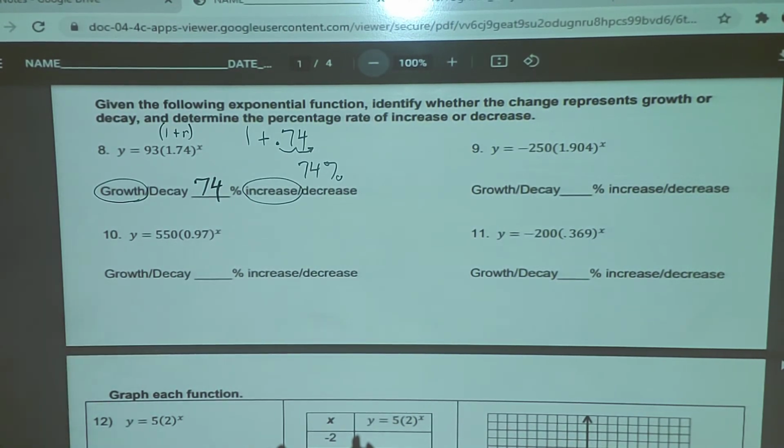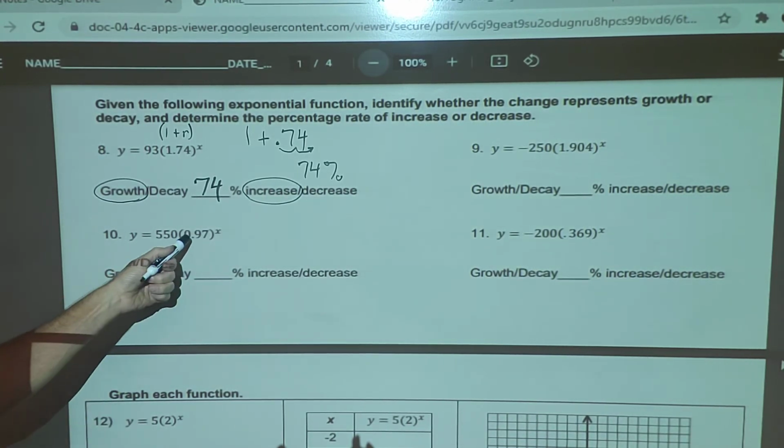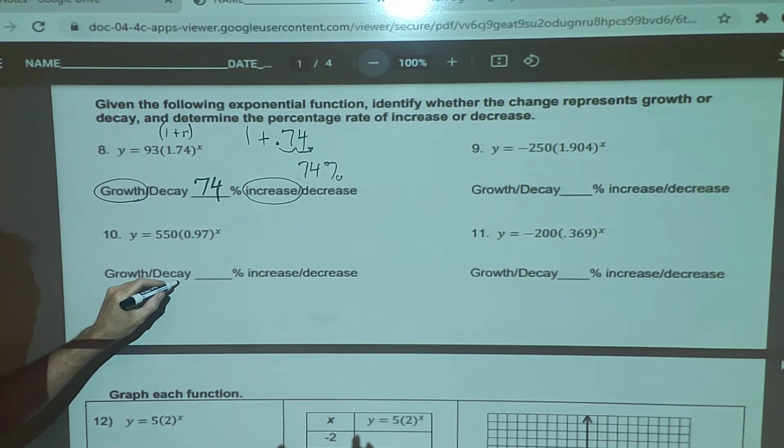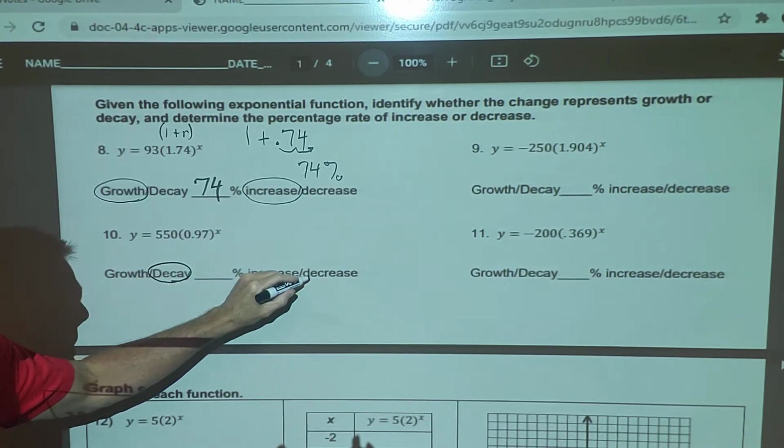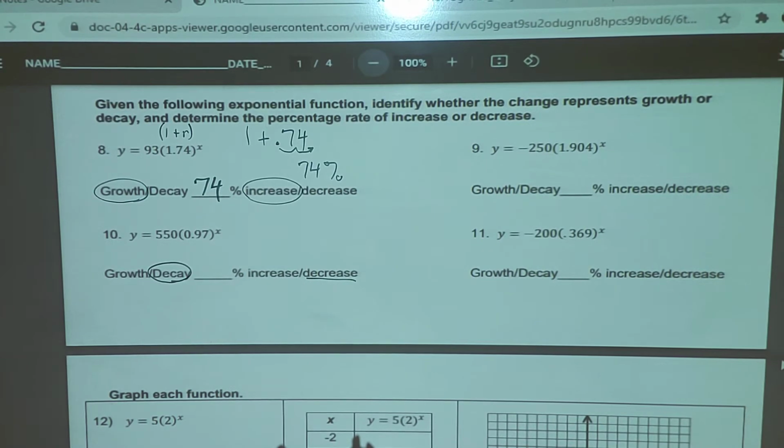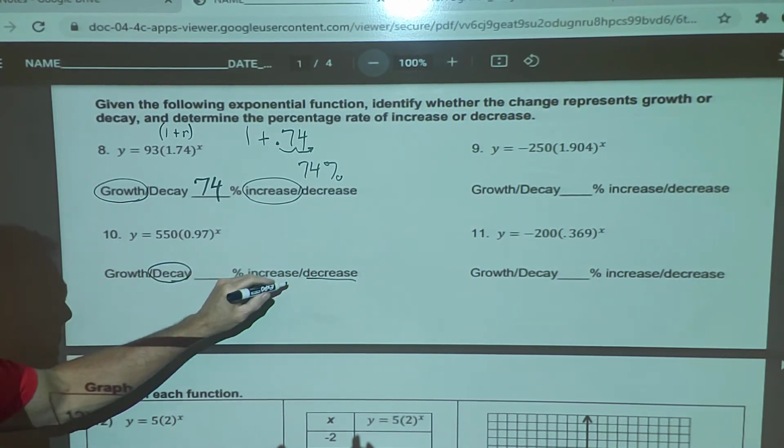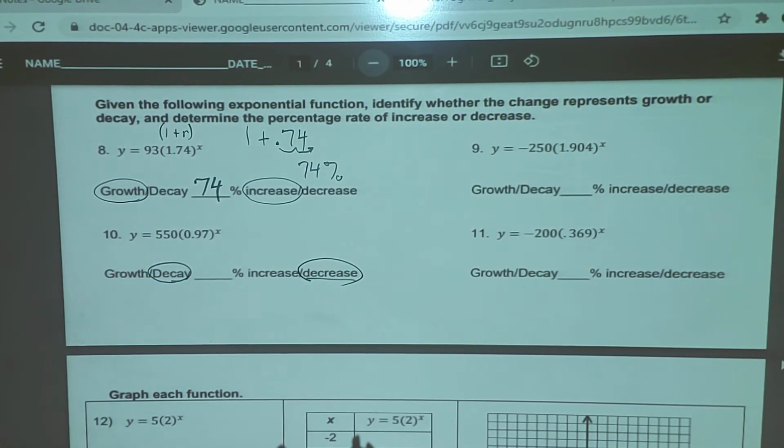Now, problem 10, let's look at that one because that is a number less than 1, which tells me that will be a decrease or decay. So that is going down as we continue through the equation.